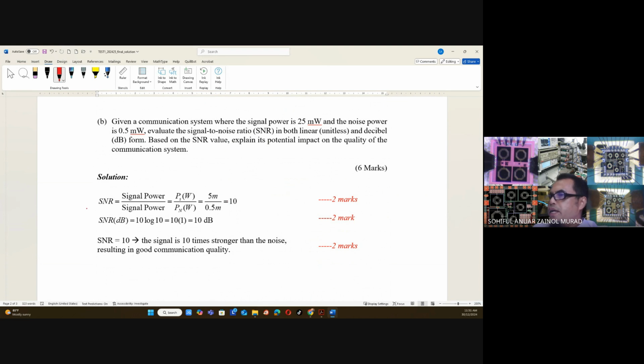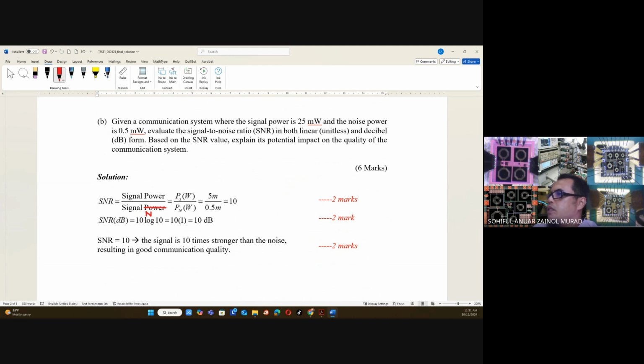So by applying the SNR equation, signal power divided by noise power.